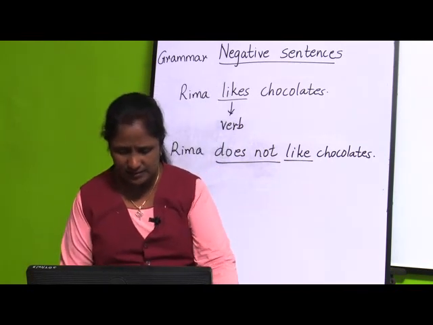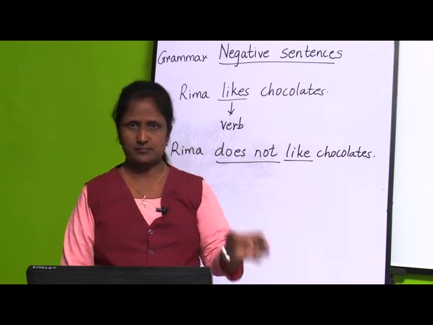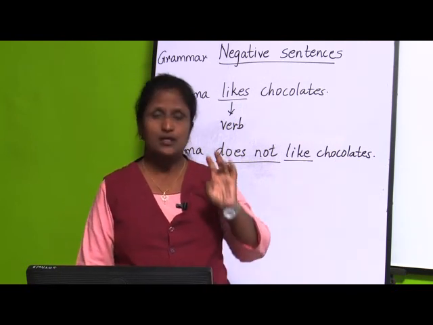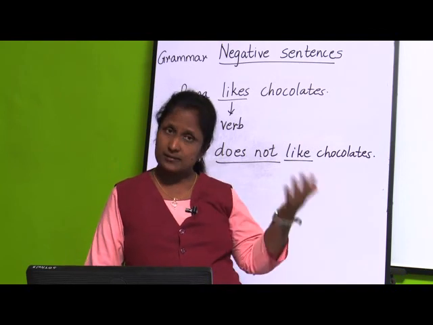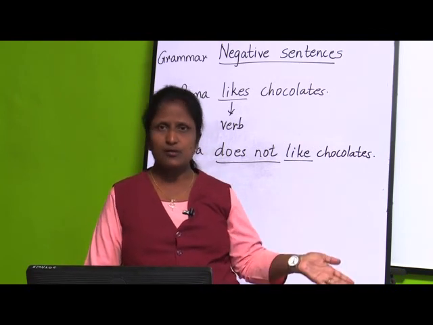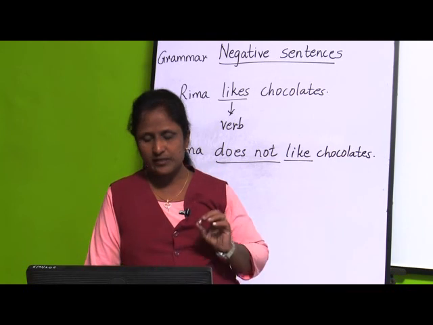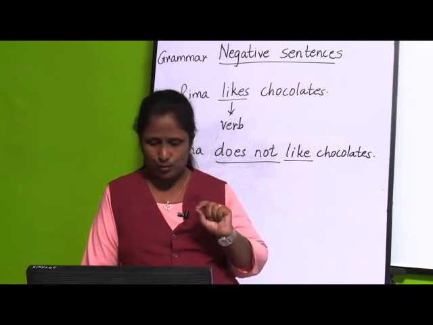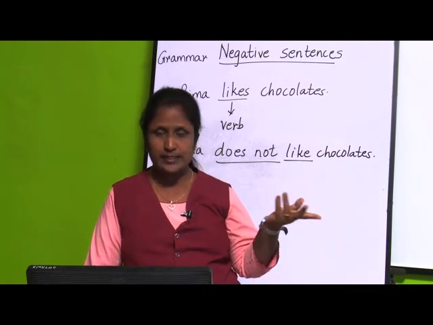One thing you have to remember, children: with I, we, you, they and other plural subjects, we use do not. I do not, we do not, you do not, they do not.